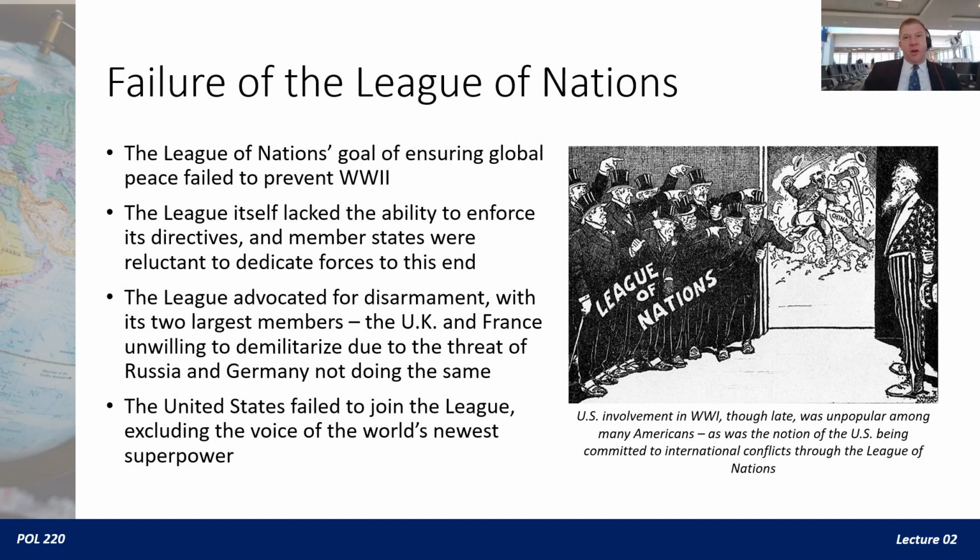What historians have pointed to is that the League itself lacked the ability to enforce any of its directives. And this is going to be a prevailing theme in this class, this idea of even this concept of international law, that you can tell a country what they can or can't do, but unless you have a military to back it up, there's no essential consequence for violating that, other than maybe some trade agreements and other things like that.